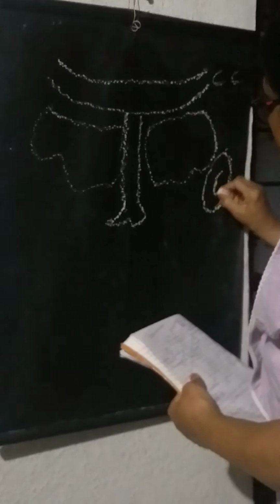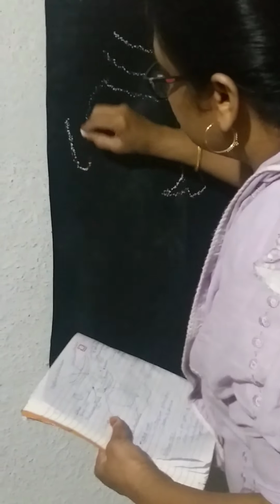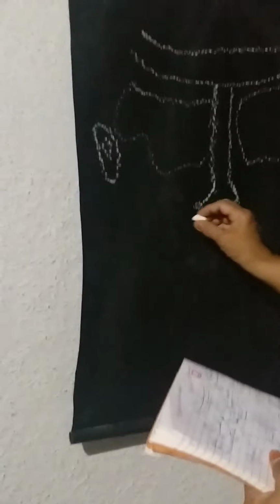Then on the lateral side of the lateral ventricle, there is the caudate nucleus. Below the caudate nucleus, below this fornix, is present the choroid plexus along with the tela choroidea.